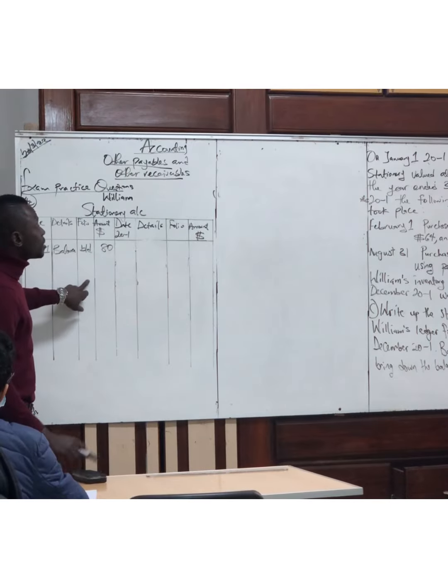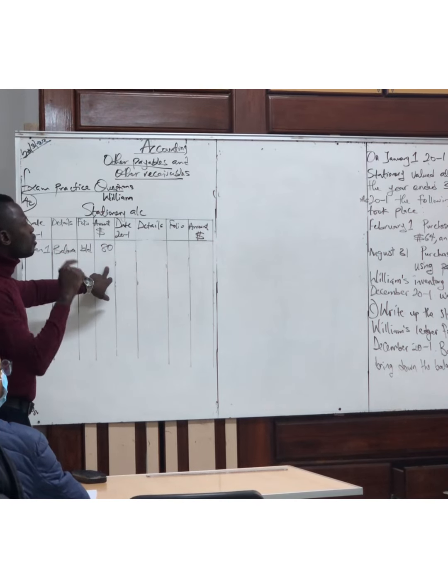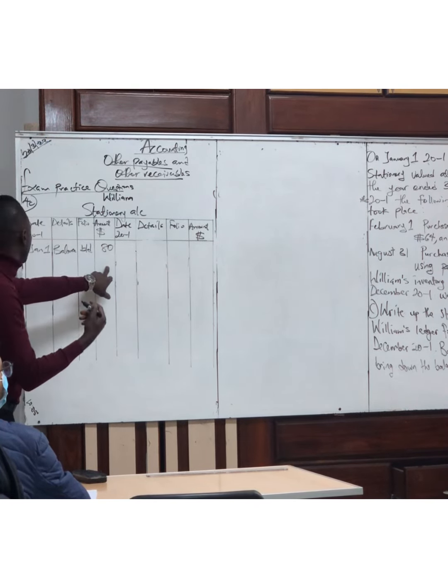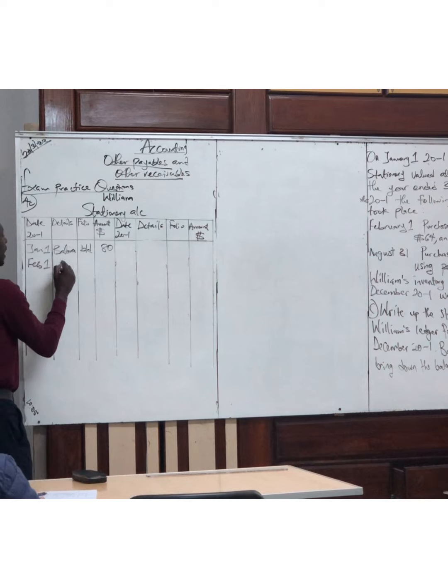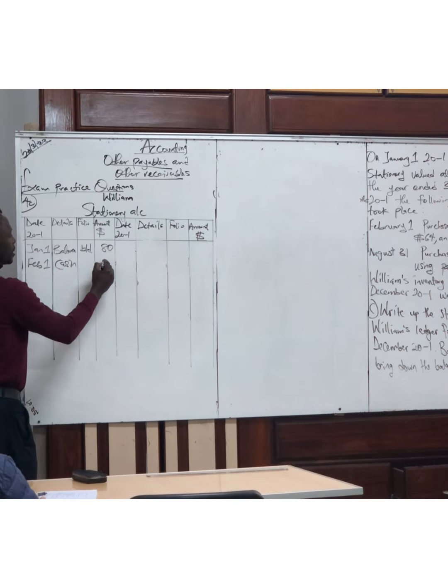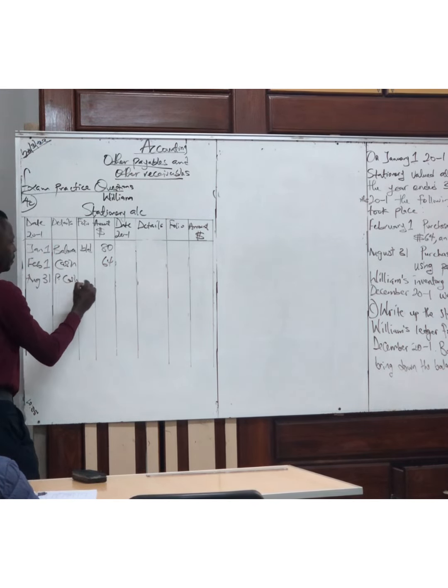But the first transactions. So the balance brought down is 80. Then he said purchase stationery. We purchased it on February 1, cash, 64. Then August 31, petty cash, 18.